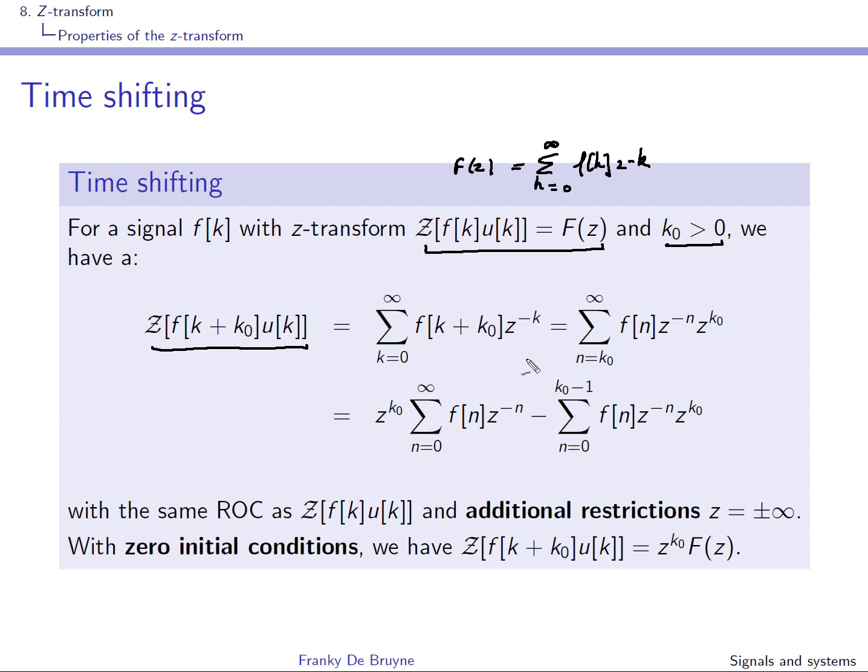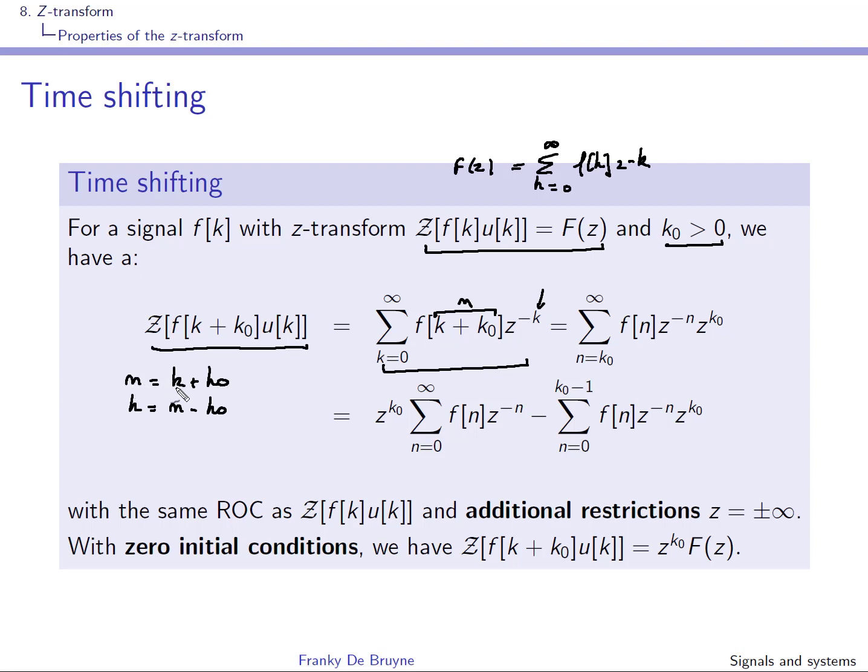So by definition of the z transform, this is what we obtain, and this is similar to what you have done over here. And we will do a substitution. n is equal to k plus k0, so this is n over here. And obviously k is going to be n minus k0, so you can plug this in, and this is why you have here a z to the minus n and a z to the minus minus, so plus k0, right?